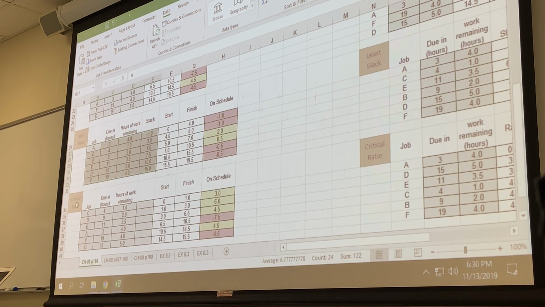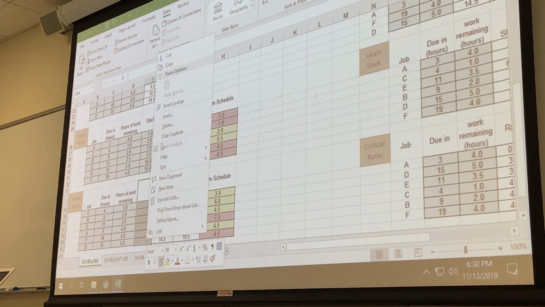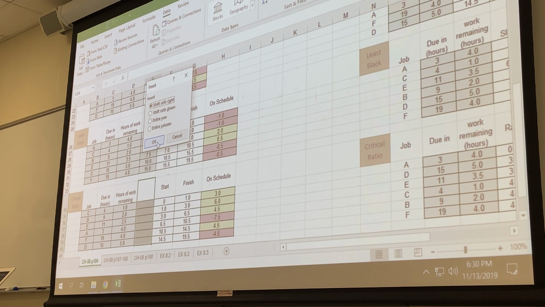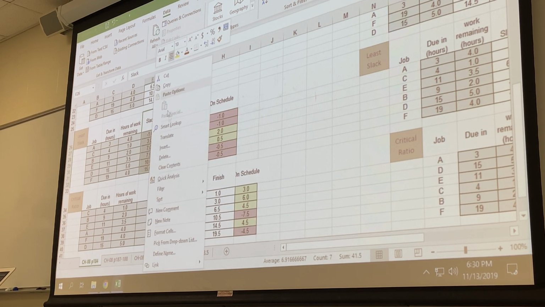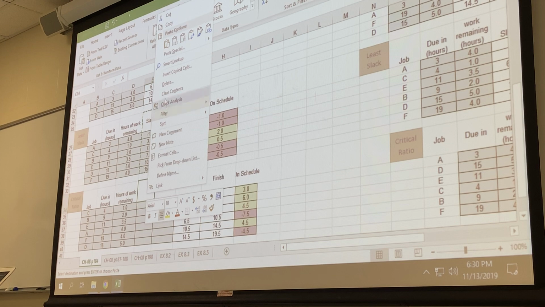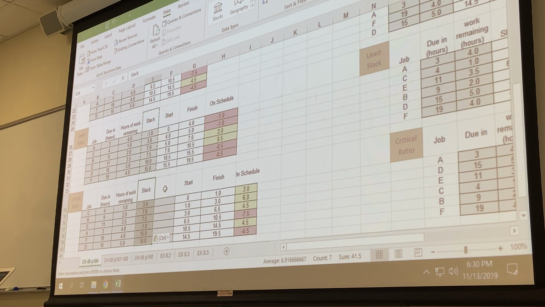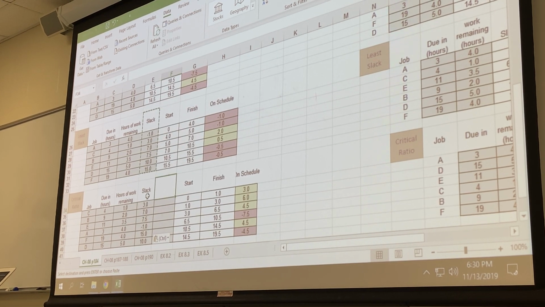Now then, critical ratio is the slack to the... So I go ahead and put slack in and insert one more column. Insert. And I'm going to bring slack down here, copy and paste it there. Yeah, we use slack for the critical ratio.